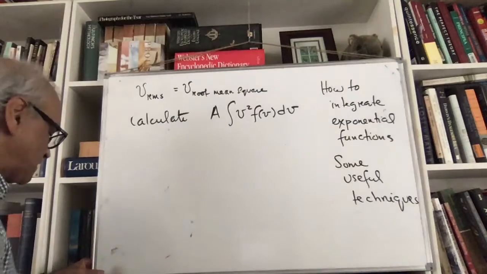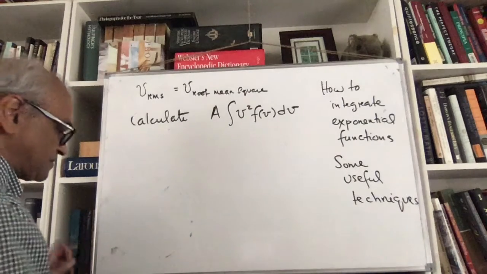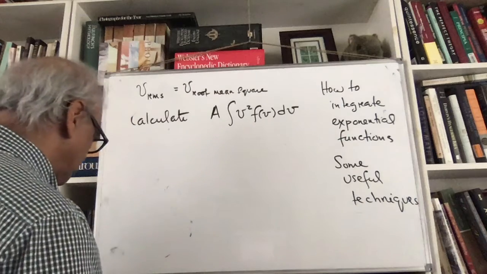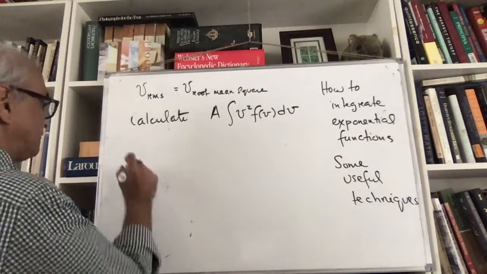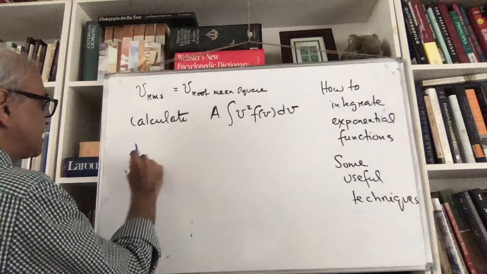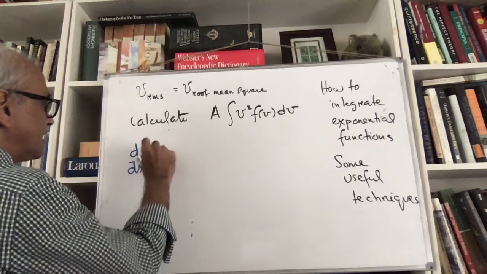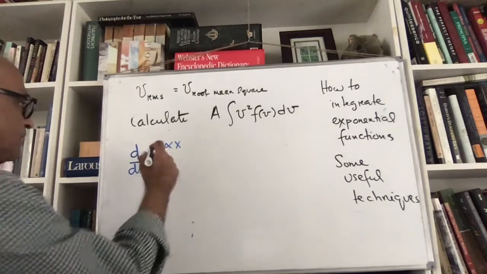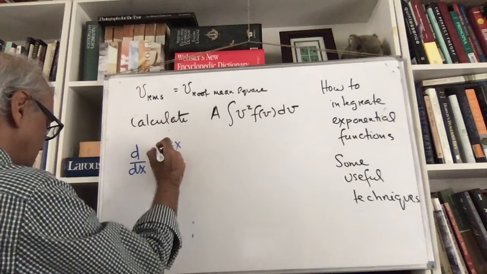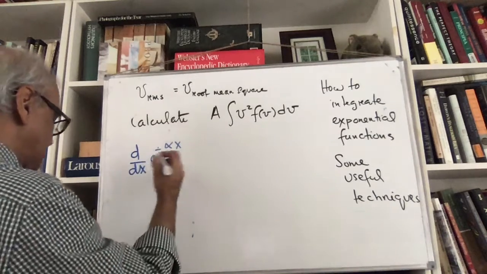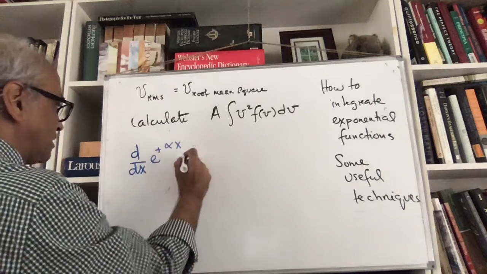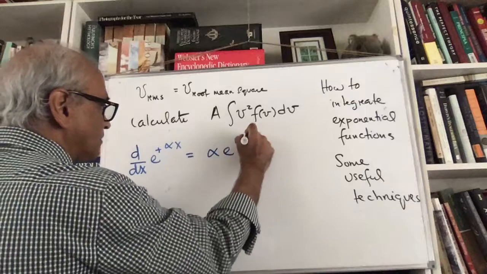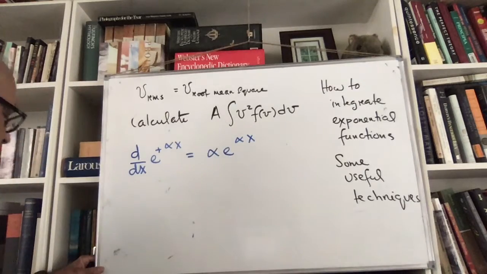So the first thing that I want to do is, let me use a blue pen for it. If I simply take an exponential function e to the power minus alpha x, or even plus x, it doesn't matter. Let's say if I just take the derivative of e to the power alpha x, I get alpha e to the power alpha x, right?